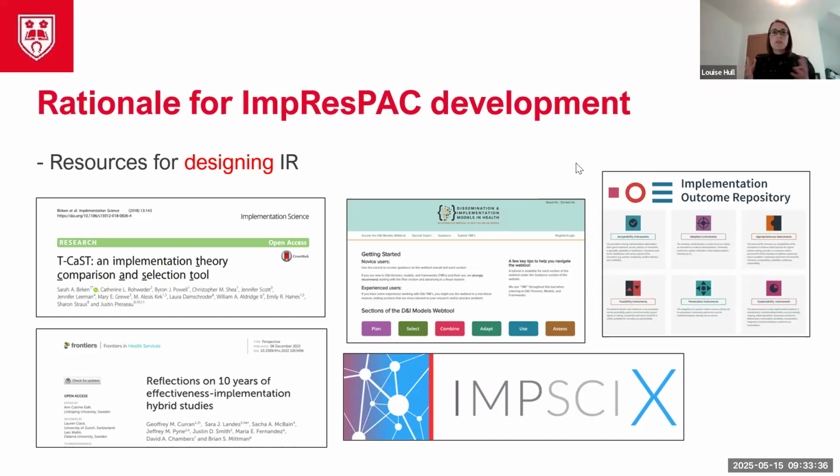This is a resource to support research teams to identify quantitative implementation outcome instruments and select them based on their psychometric properties. There's the TCAST tool, which is a tool to support the selection of implementation theories, models and frameworks, and so forth. And there's a number of interactive websites that have been designed as well, and also websites which contain numerous resources to support the design of implementation research.